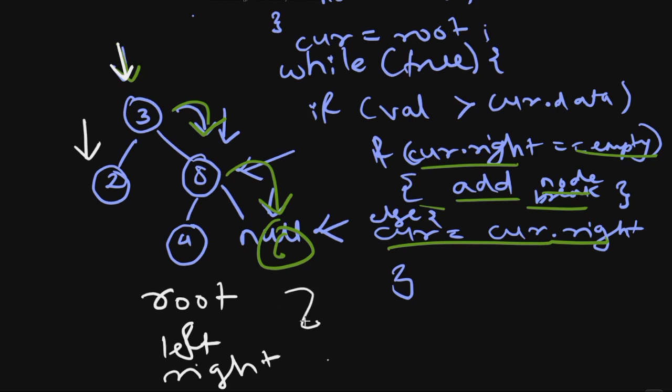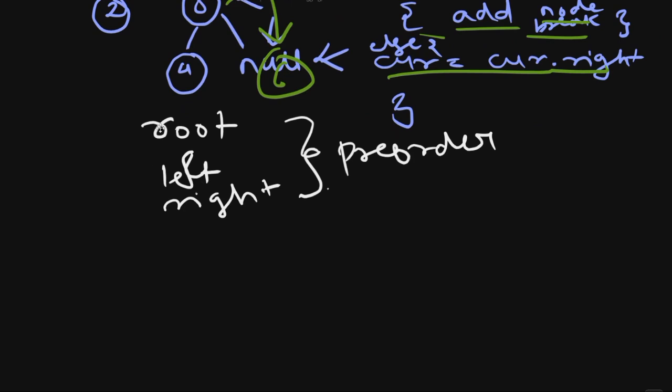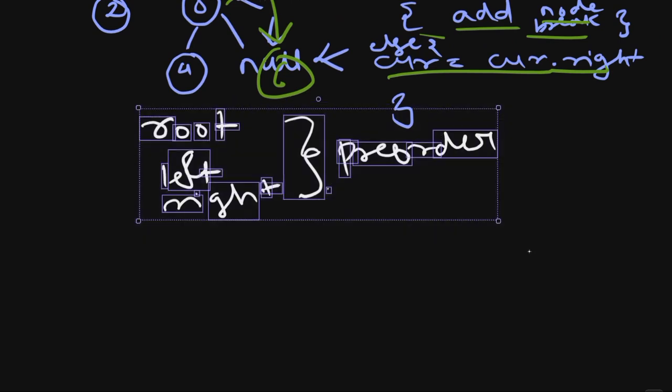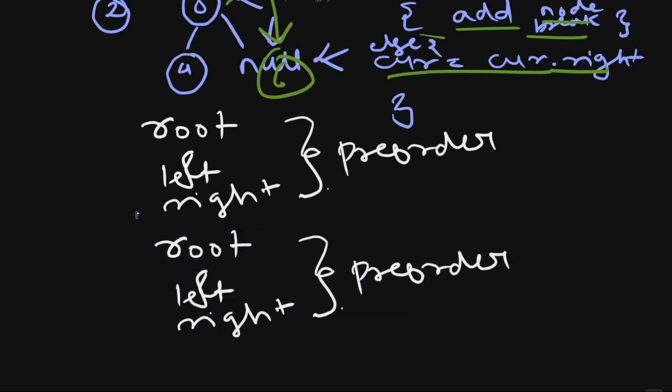So this is basically a traversal method. This is called pre-order. As you can see, root is present before the left and right node, so it is called pre-order. Then we have in order, which is a bit different: root is in the middle.